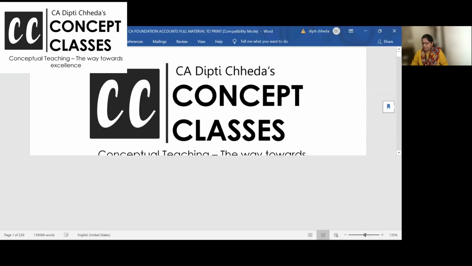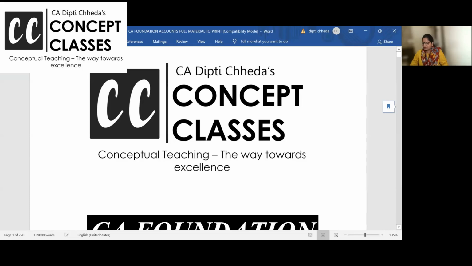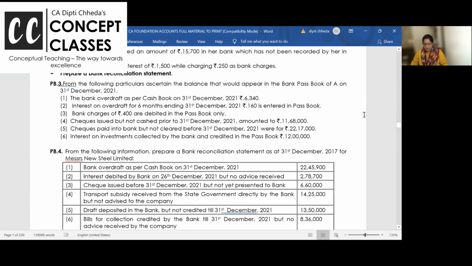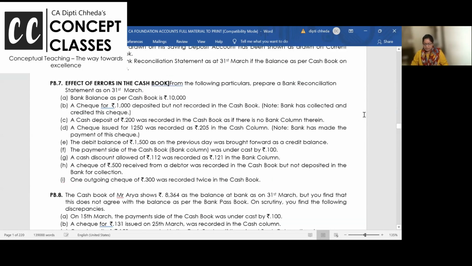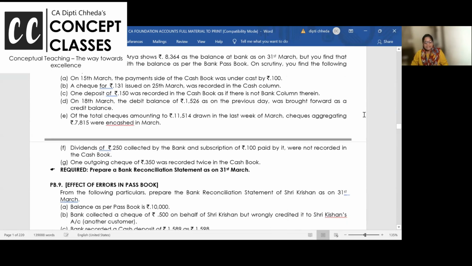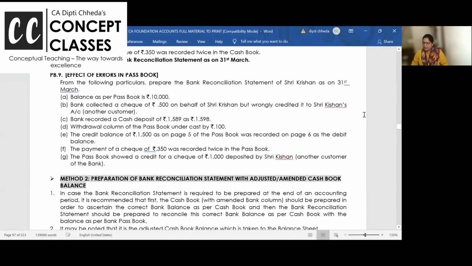Chalo. Let us solve today one problem first. If there is a mistake in the passbook, then how are you going to do? Last time we have done the 7th problem in the class, the 8th problem I have given as homework. Ninth problem.